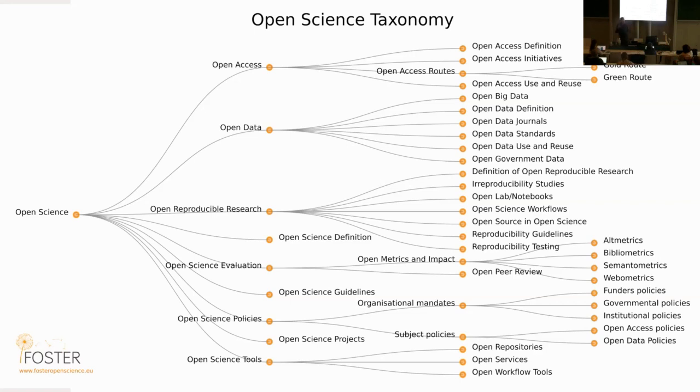So we need to think smart about how to tackle those. Some have to do with how the economics of academic life work, where publications are a currency, where citations are a currency, where the impact factor of the journal that you're publishing in is a currency.